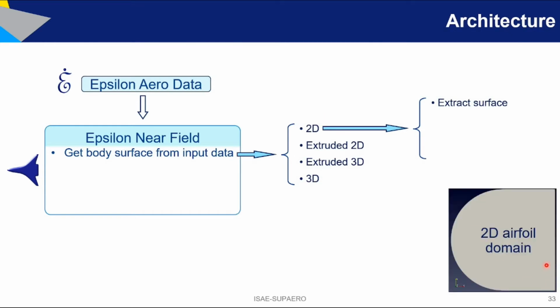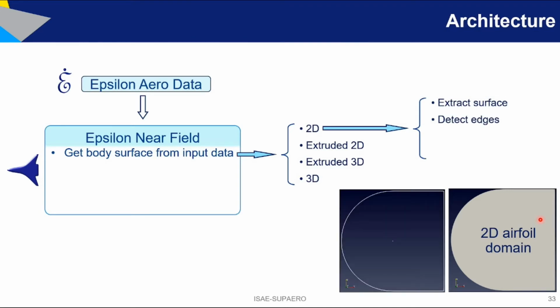Basically, let's say this is the 2D domain that we have been using in our previous tutorials, the NACA 0012 airfoil. Basically, it extracts the surface. That is, we started from the structured domain. It generates just a surface, and this surface allows us to detect the edges of the boundary.